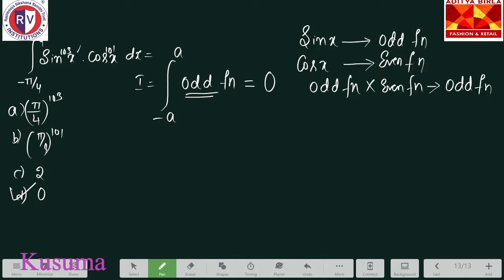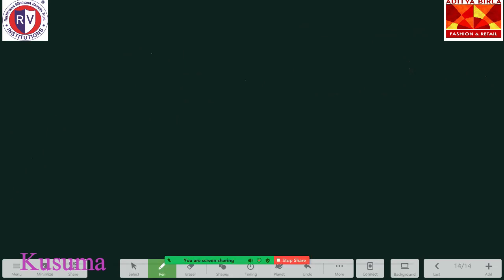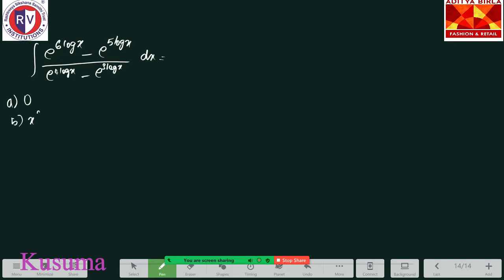Okay, look at the question number 48. Integration of e to the power 6 log x minus e to the power 5 log x divided by e to the power 4 log x minus e to the power 3 log x dx is equal to option A 0, option B it is x cubed by 3, option C is 3 by x cubed, and option D 1 by x.